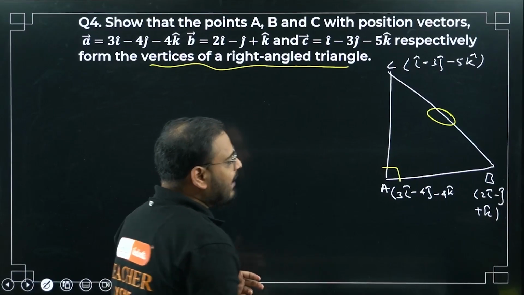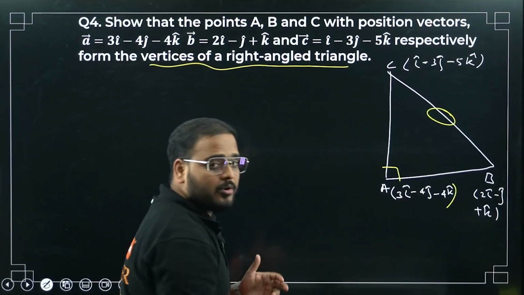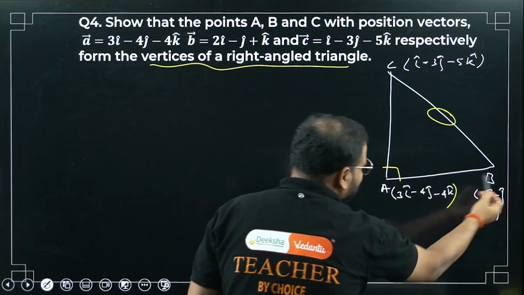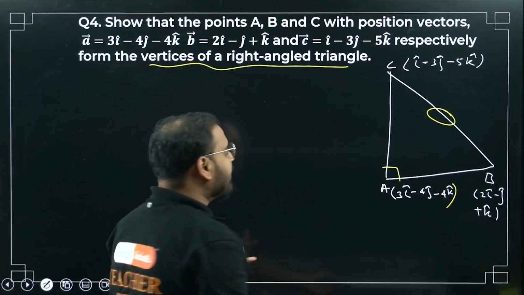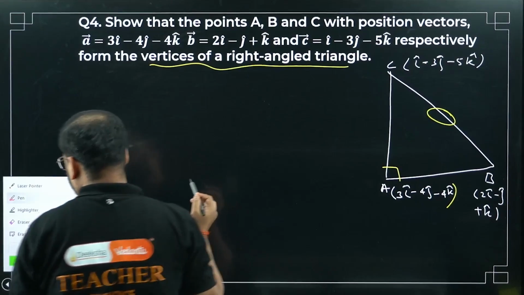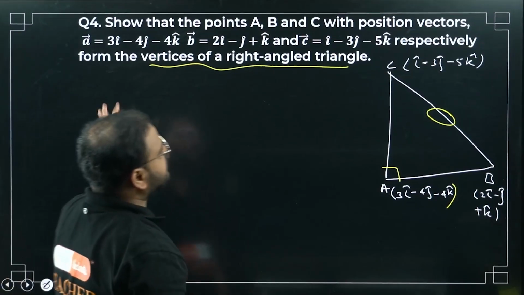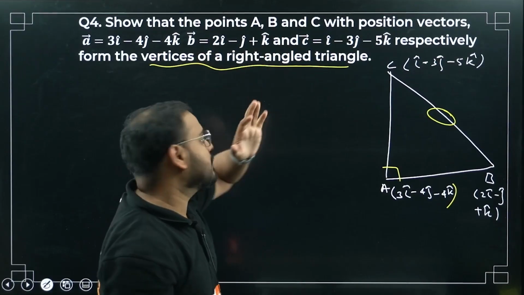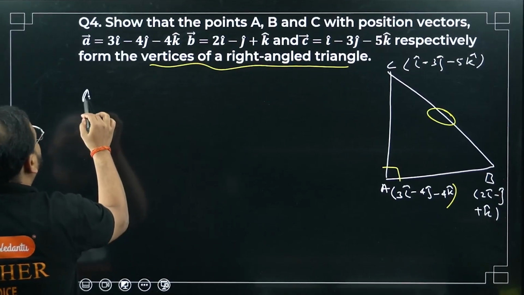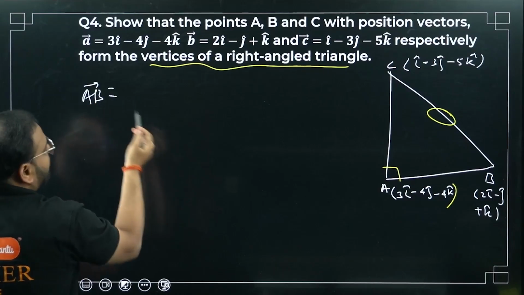Going into that, I will need to know the vector AB, vector BC and vector AC, and their lengths. How to find vector AB? Please check. Sometimes what happens is you just take these A, B, C and square them up and get the wrong answer. We have to find the vector AB first.